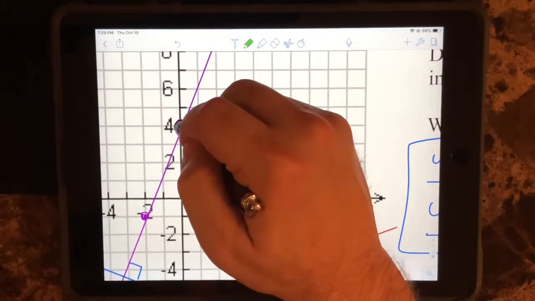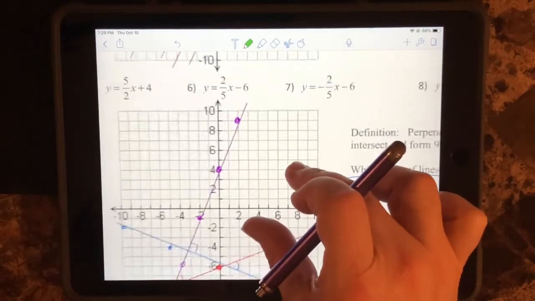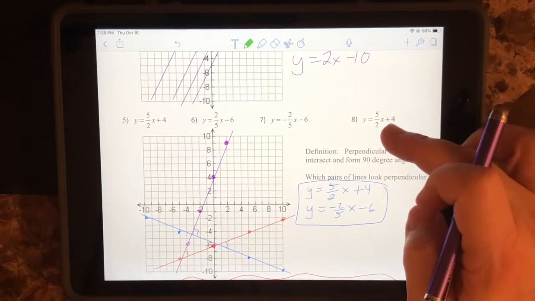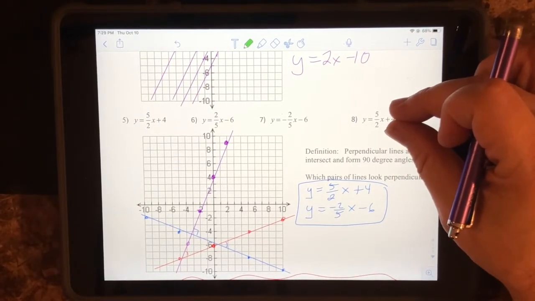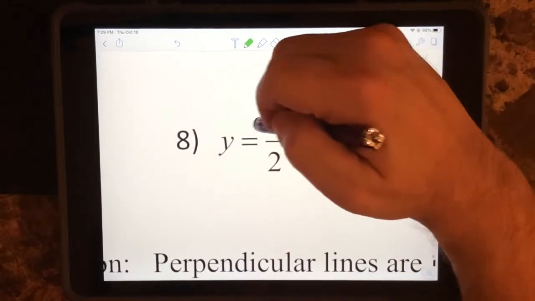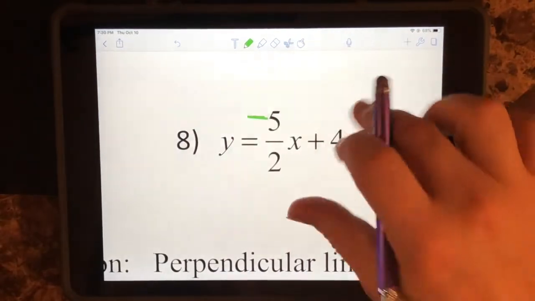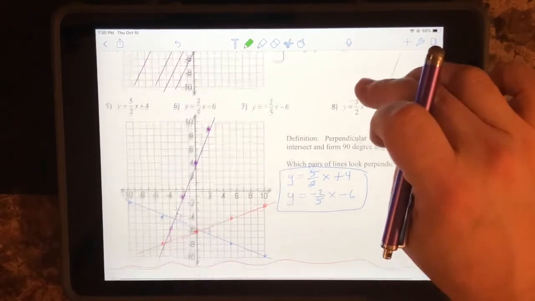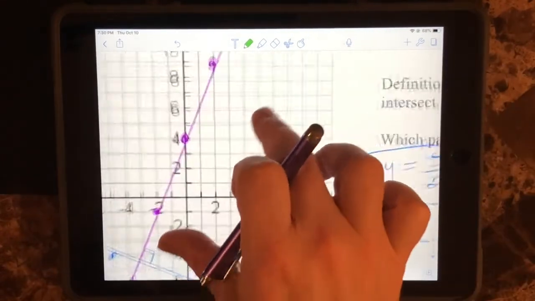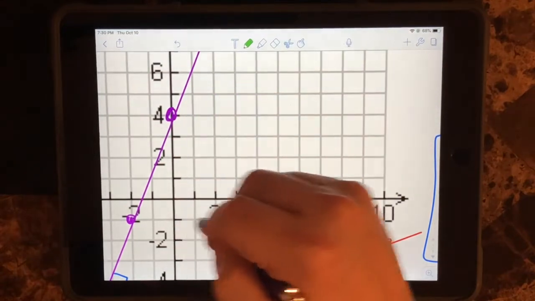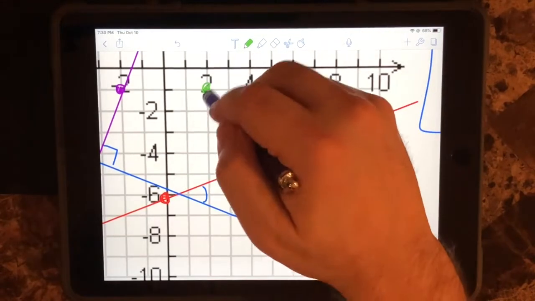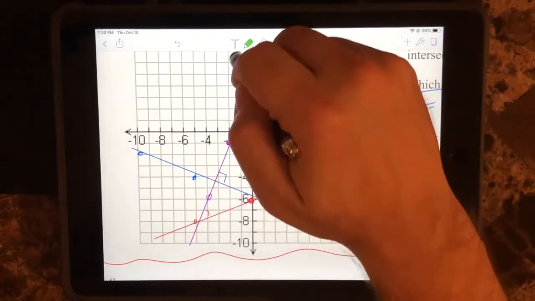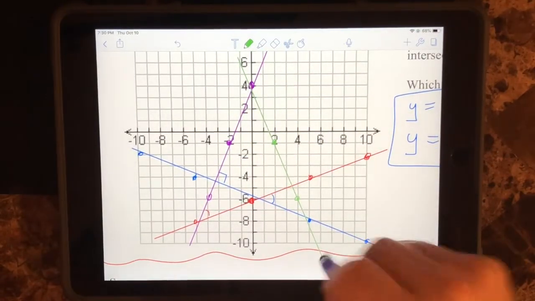So 5/2 would go, wait. Oh, darn it. This was supposed to be negative 5/2. So let's make that negative. If you've already graphed it, let's modify that one. -5/2 x plus 4. So that's 4, and then -5/2 is down 5, right 2, down 5, right 2, and it would look like this.